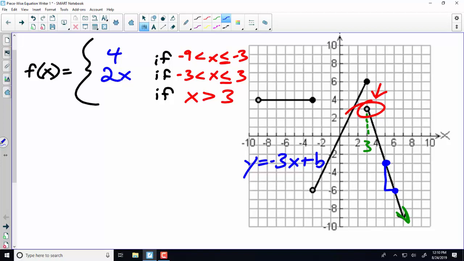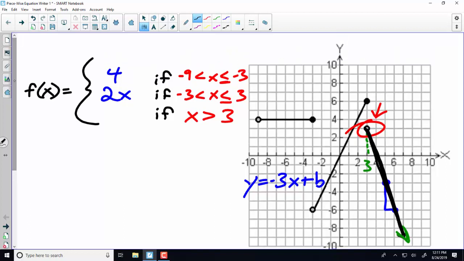As you can see though, the problem is this particular piece of a line here, we don't actually see the place where it hits the y-axis. So we got to use our imaginations a little bit here and check this out. If its slope is negative 3, that means we can kind of backtrack it to the y-axis and see where it would hit the y-axis if it was allowed to keep going.